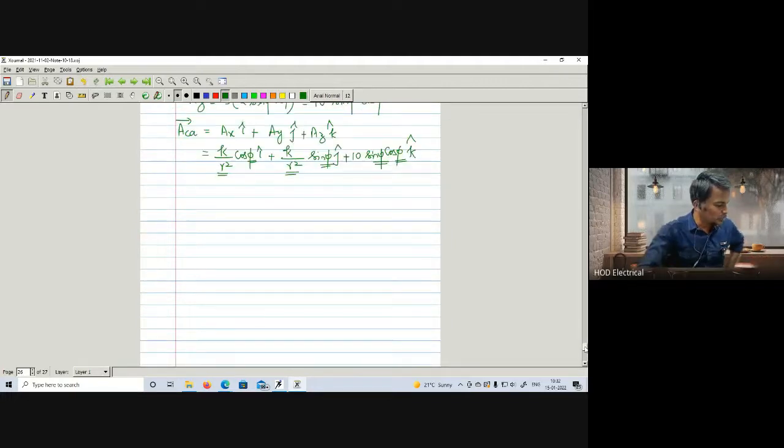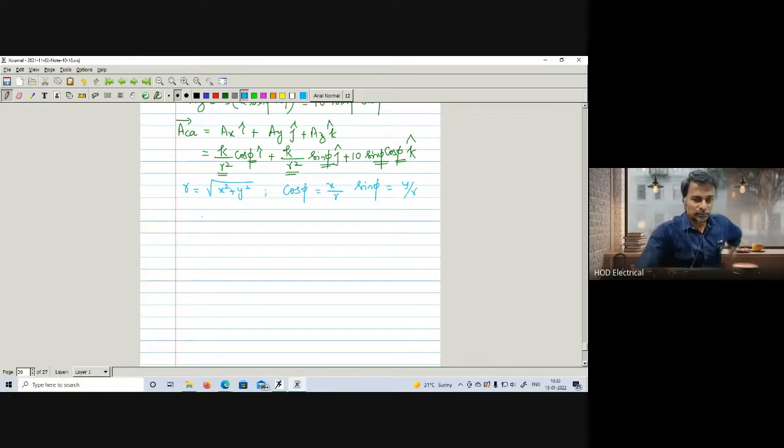For that we know R is nothing but the square root of x square plus y square; we can recall this from the previous derivation. Then cos phi is equal to x by r, and sin phi is equal to y by r.